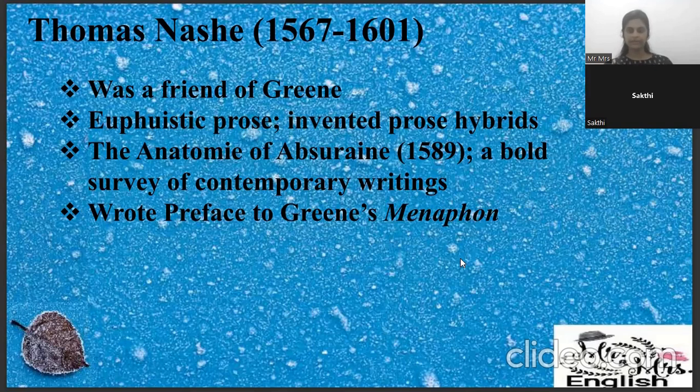He made an analysis of the contemporary writings, and that is what is called The Anatomy of Absurdity. Then he wrote the preface to Greene's Menaphon. I told you, Greene had works like Menaphon and another work, Mamillia. Mamillia and Menaphon were two works written by Greene, and Thomas Nash wrote an introduction to Menaphon because he was a close friend.